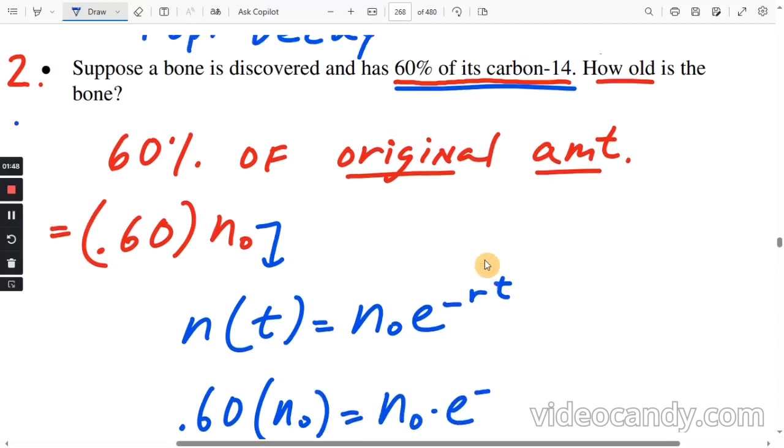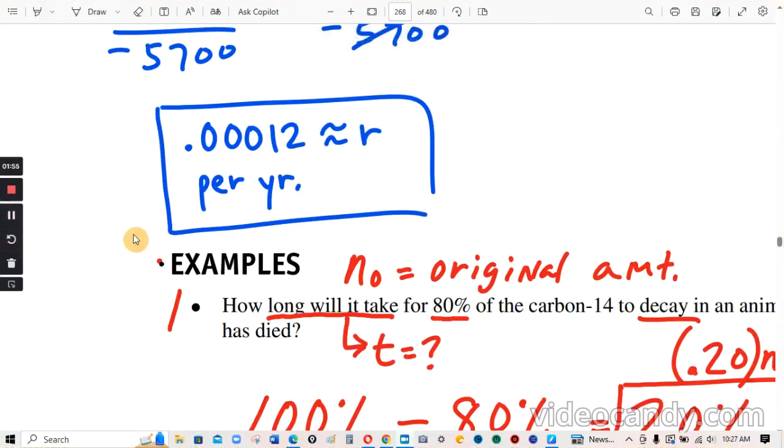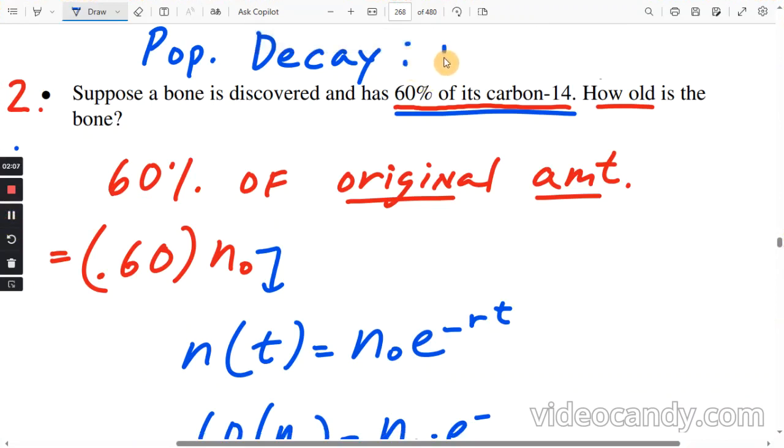What did we say the rate was for carbon-14? Let's look back. In the beginning, we said the decay rate for carbon-14 is 0.00012 per year. So r is going to equal 0.00012.